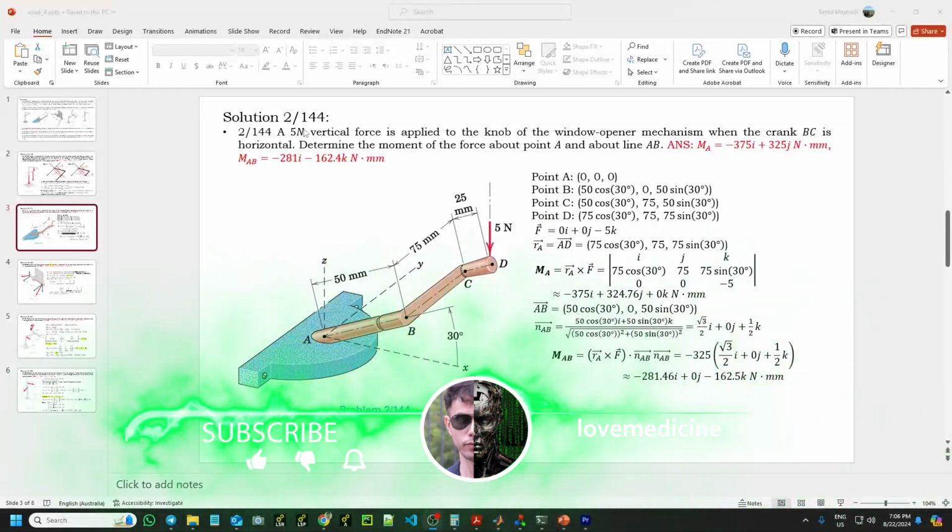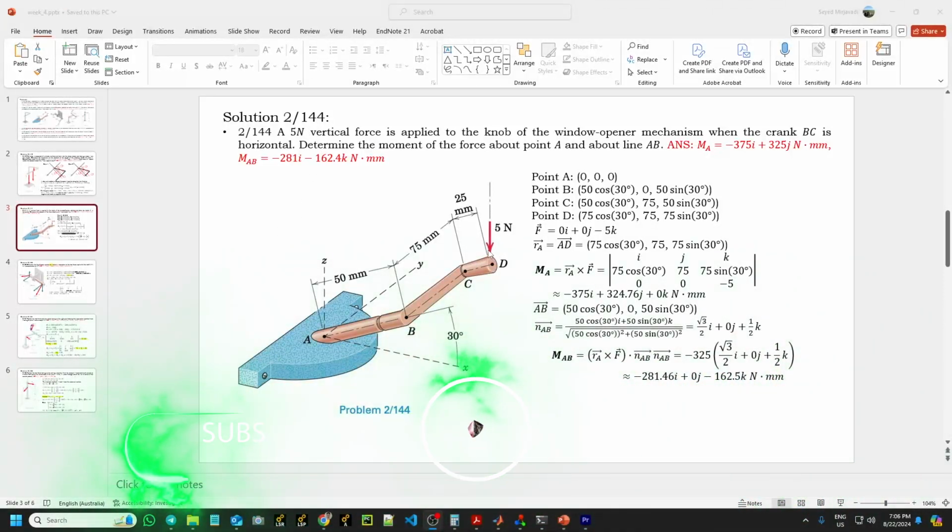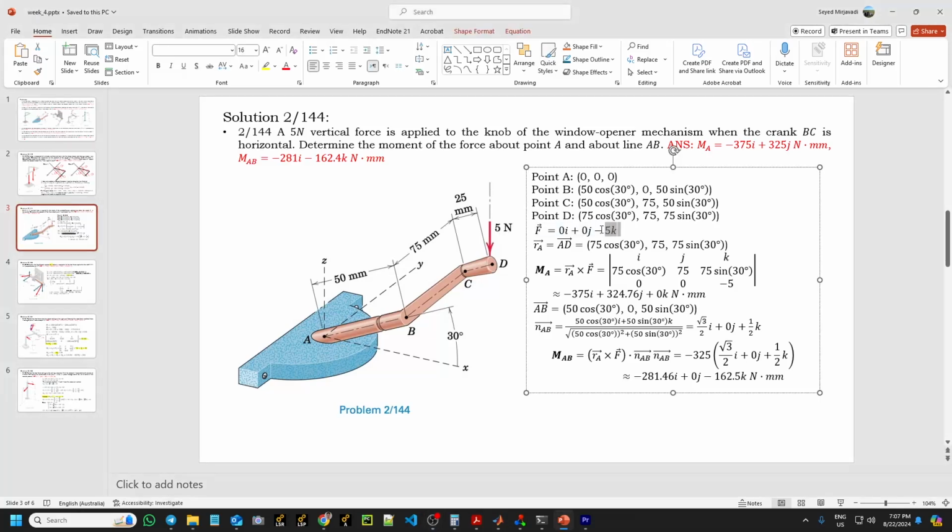Okay, question number 144. We have a 5 Newton force here, acting in the z direction but negative. So we will put minus 5k for the force. Negative 5, why?